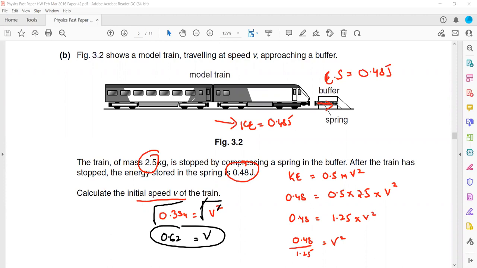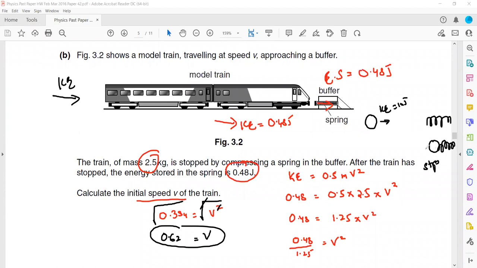Because as they mention here, the train is stopped by compressing a spring in the buffer. The train was moving, and anything that is moving has kinetic energy. How is it stopped completely? It is stopped by compressing a spring. For example, if I have a ball with a kinetic energy of 10 joules and there is a spring, when the ball hits the spring, the spring compresses and the ball stops.